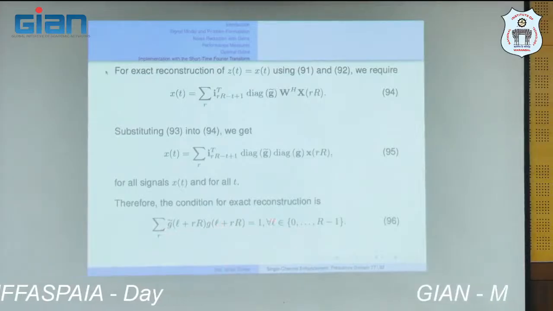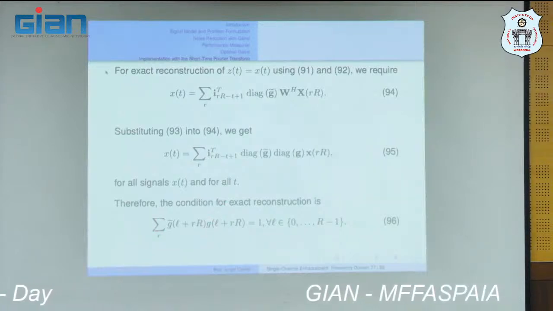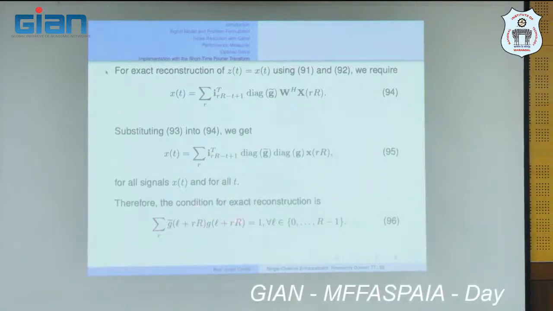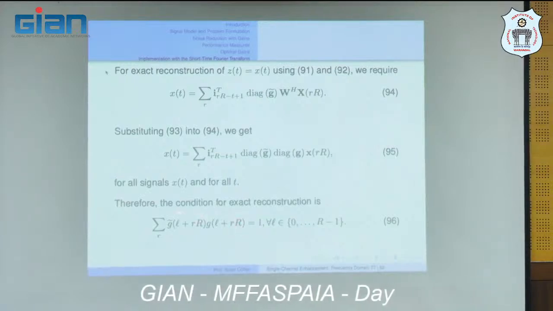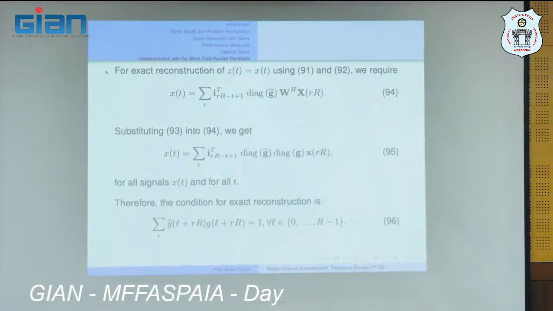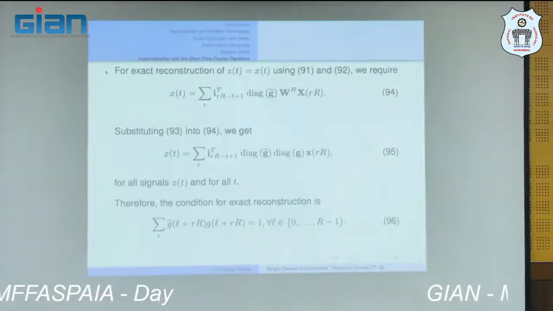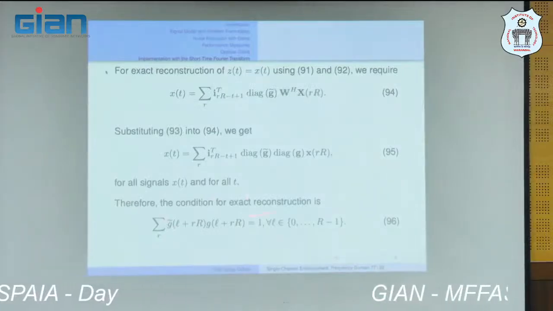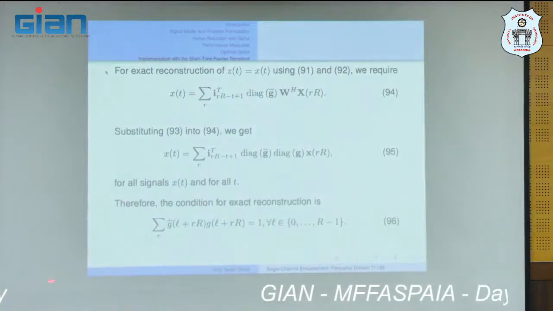So suppose that you choose an analysis window of length L, and you choose step size R. Then there are an infinite number of solutions to find G tilde, synthesis windows that satisfy the exact reconstruction condition. So there are many solutions.